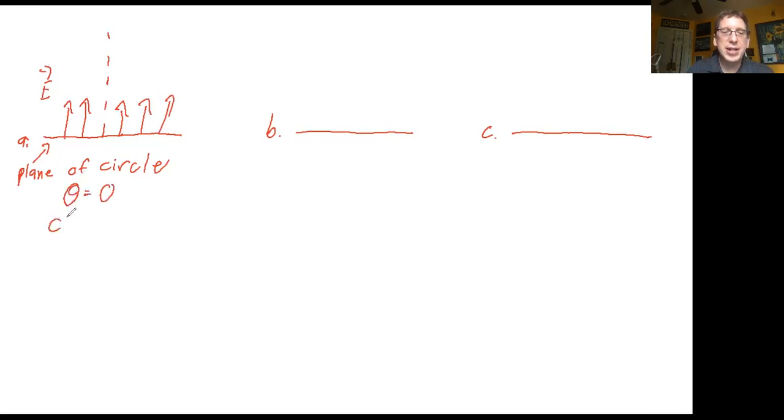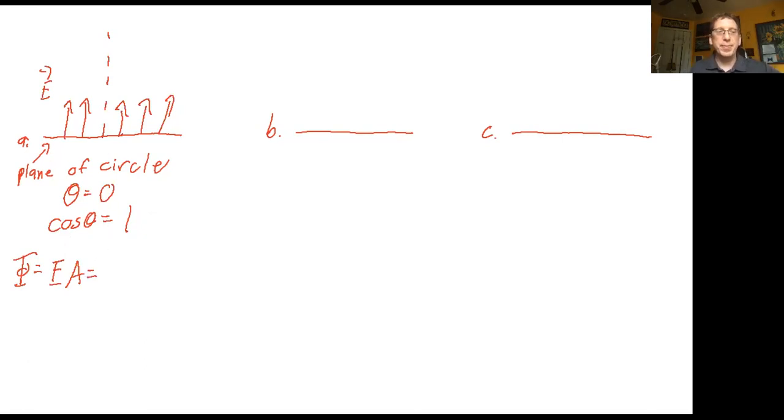And when theta is equal to 0, the cosine of theta is equal to 1. So this is the circumstance when the electric flux is maximized, when the electric field is pointing directly through the surface. So the electric flux in this case is equal to E times A. And you don't need to worry about the cosine, it's simply 1.